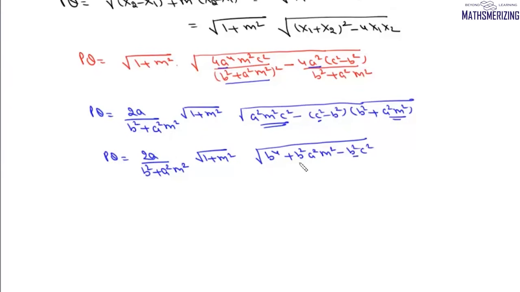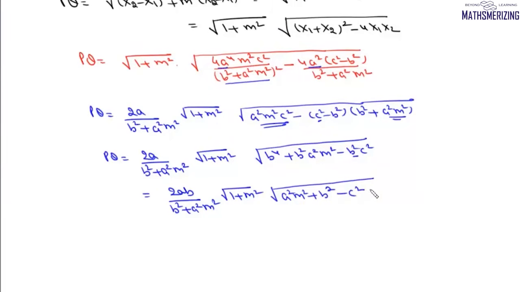Now we can also take b square common. So we'll write 2ab upon b square plus a square m square into under root of 1 plus m square, and then under root of a square m square plus b square minus c square. So that is the length of this chord PQ.